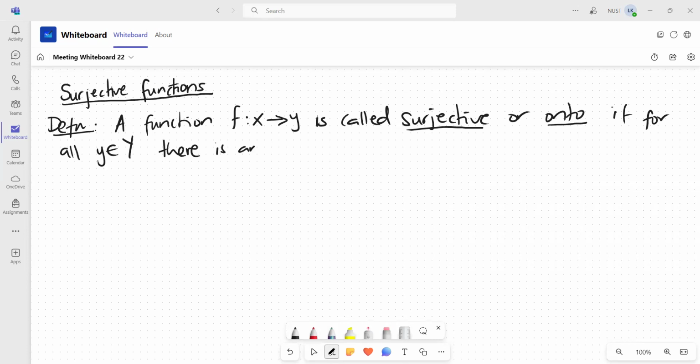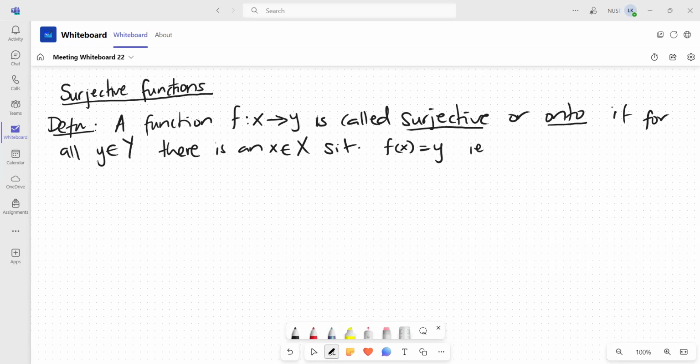There is an x such that f of x is equal to y. Okay, so that means there are no elements here that are not a map from some element in there.